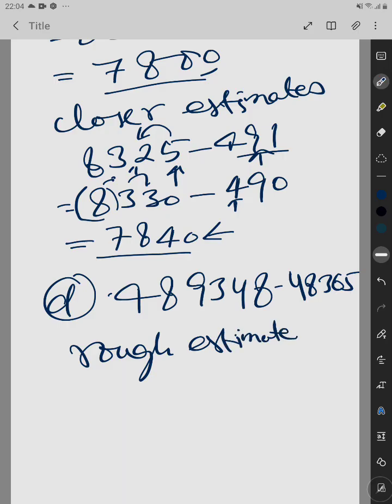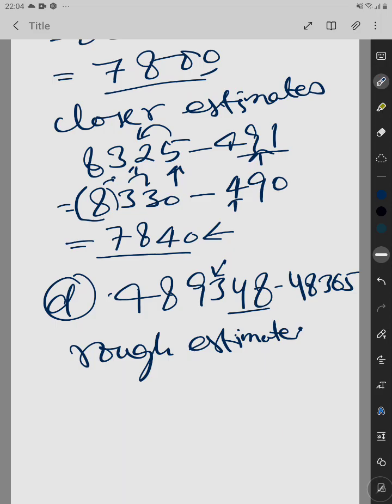By rounding up to nearest 100. Okay, so for rounding up to nearest 100, we have to see the last 2 digits. If they are less than 50, then it will be ignored and kept at 0, and the 100 digit will not change. If it is more than 50, then it will be made 0, but the third digit, means 100th place, will be increased by 1.